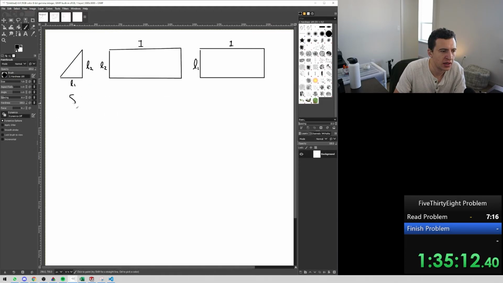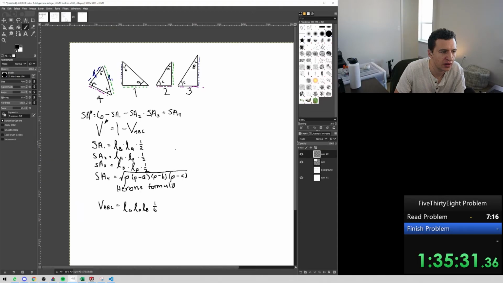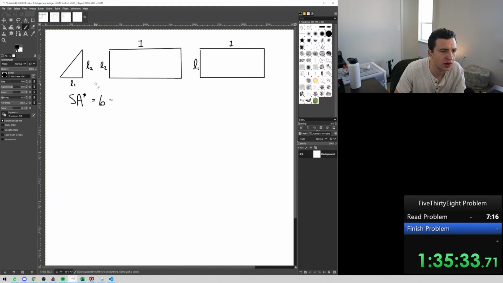Okay, so SA star is equal to 6 minus... I gotta label these. This is SA1, SA2, all these essays. What is this, English class?